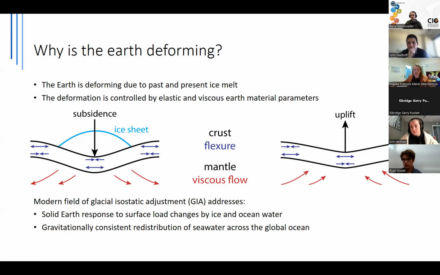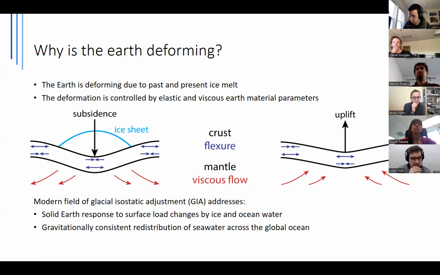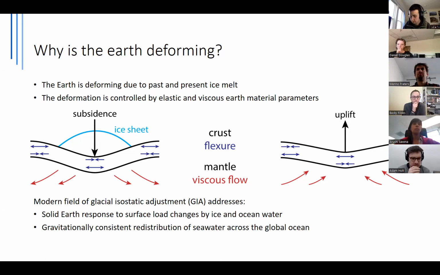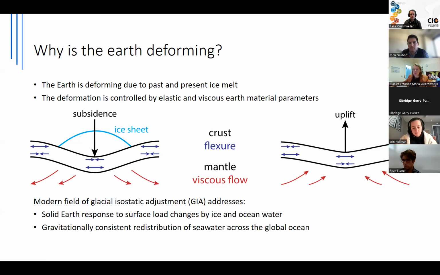And when the ice is melting, or when it's been gone for a while, we still see uplift in the area of deglaciation. So that is the one component in glacial isostatic adjustment.